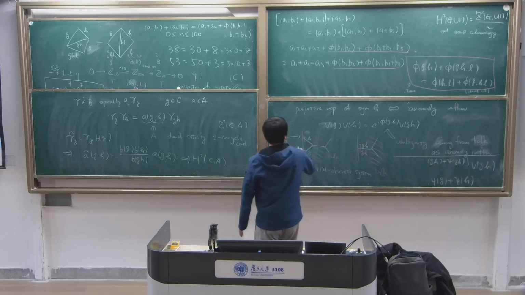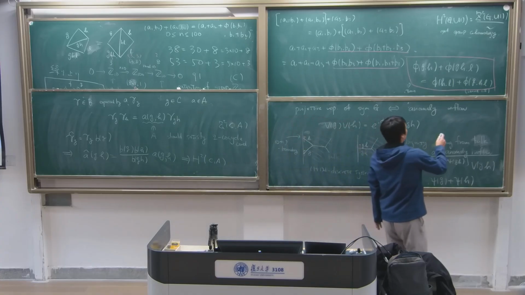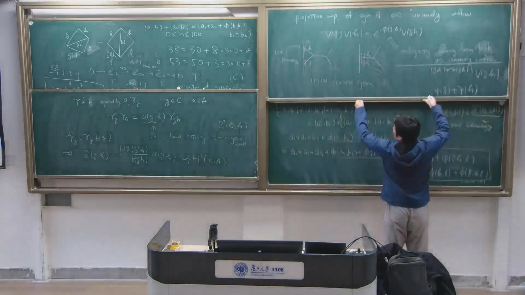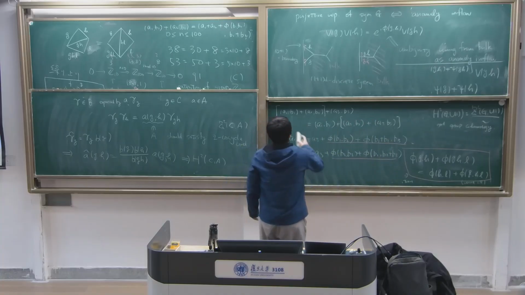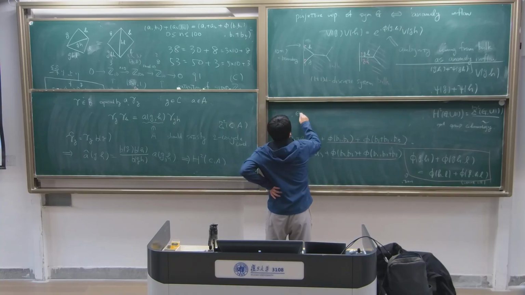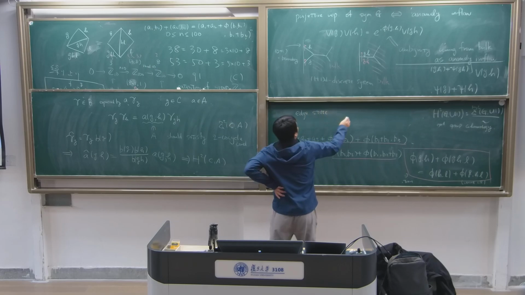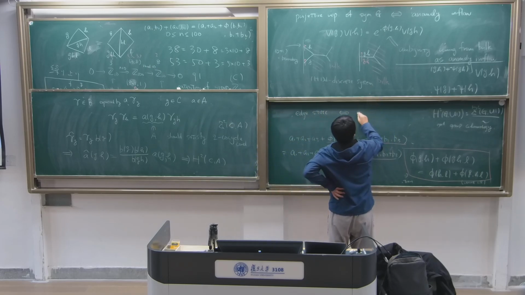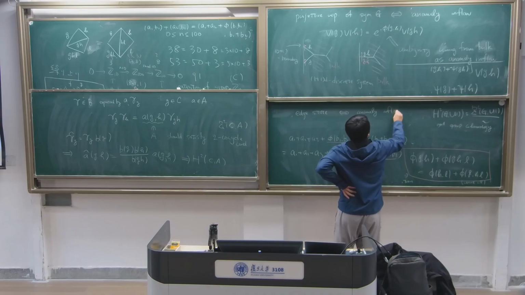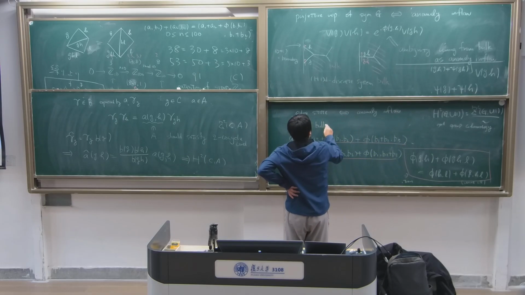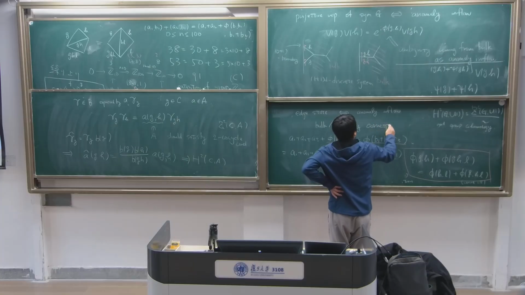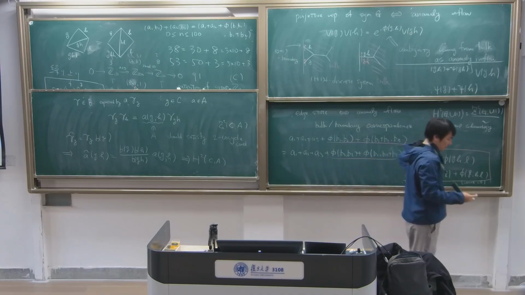So the edge state will show up at the boundary, and this anomaly flow is in one-to-one correspondence, and this is called bulk-boundary correspondence in condensed matter physics.